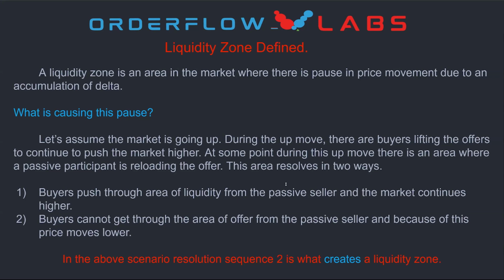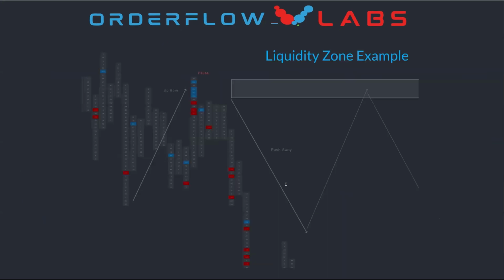It's that second part of the equation that creates what we would refer to as a liquidity zone, or maybe you might hear the term trapped traders. That's what we are looking for in this sequence of events from an order flow standpoint.